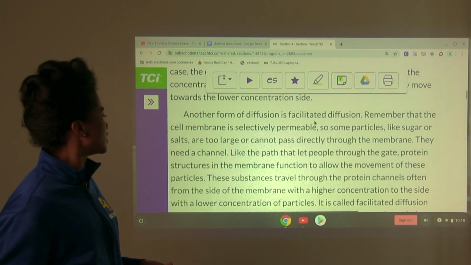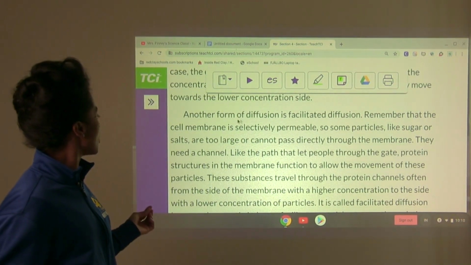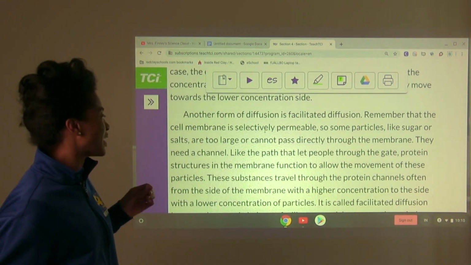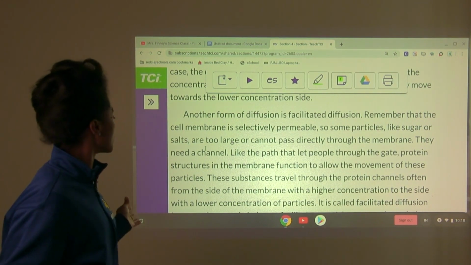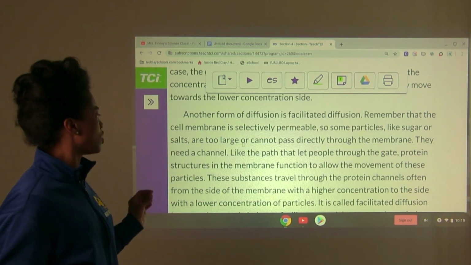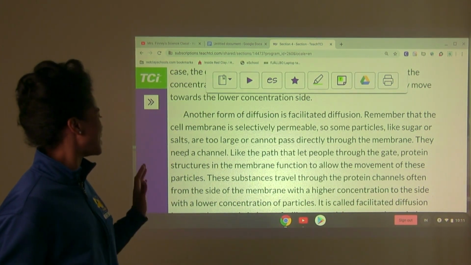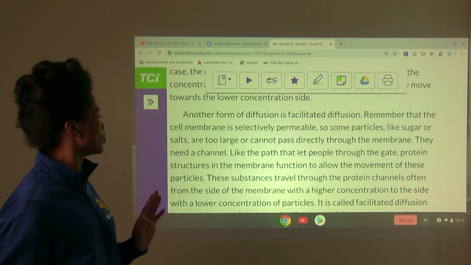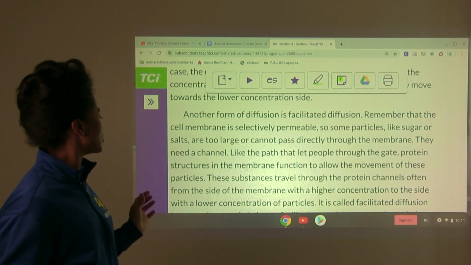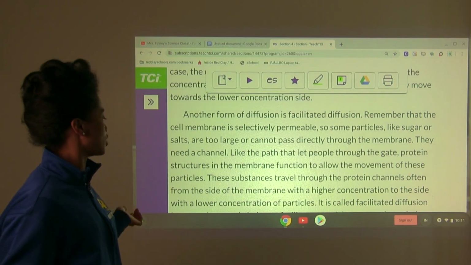Another form of diffusion is facilitated diffusion. Remember that the cell membrane is selectively permeable, so some particles like sugar or salts are too large or cannot pass directly through the membrane. They need a channel, like the path that let people through the gate. Protein structures in the membrane function to allow the movement of these particles.